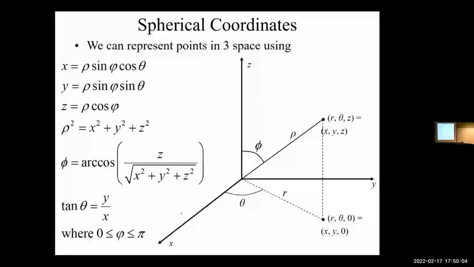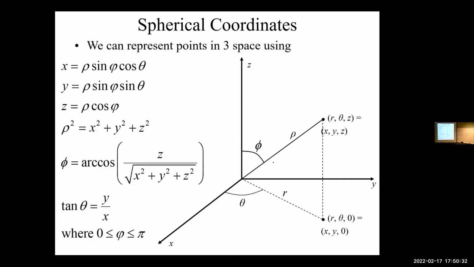Spherical, last coordinate system, and then we'll start doing some stuff. Spherical is an interesting one. It depends on rho, phi, and theta. Rho is the distance from the origin, just the direct distance from the origin. Notice how R has to lie in the XY plane.